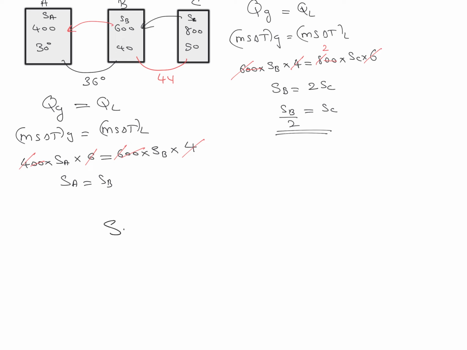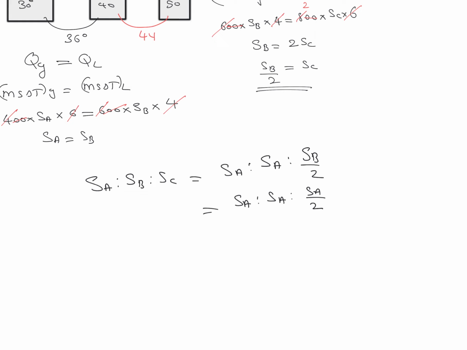Now our aim is to find the ratio SA is to SB is to SC. SA I'm just writing as SA only, and SB is also equal to SA, because from here we already derived that. The value of SC is SB divided by 2, and SB is SA, so SC is SA divided by 2.